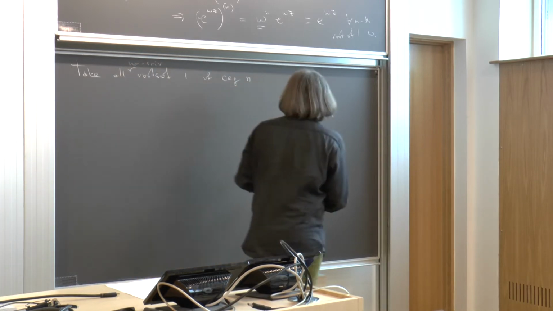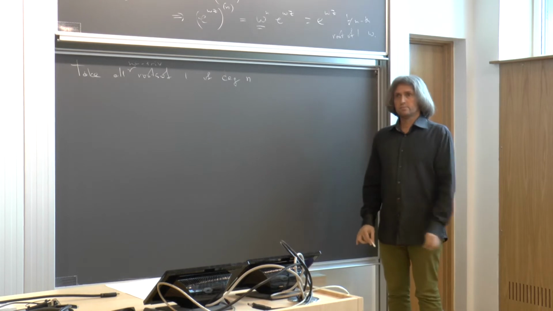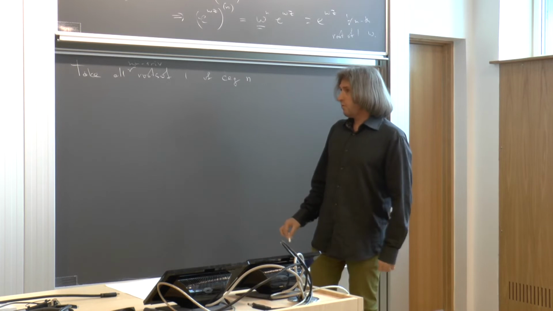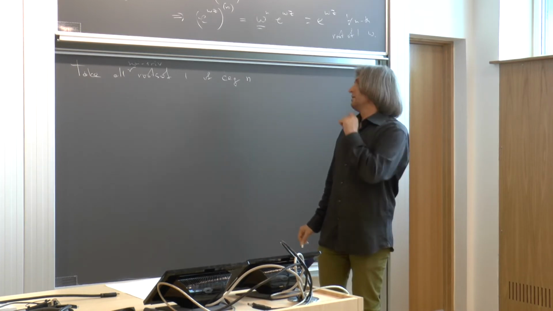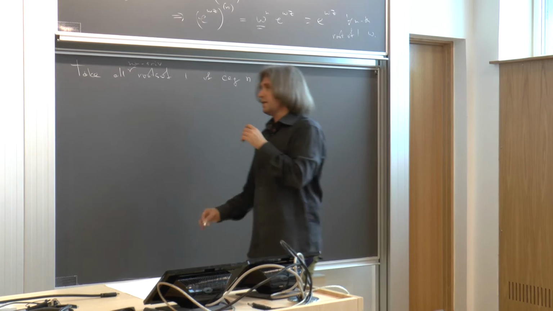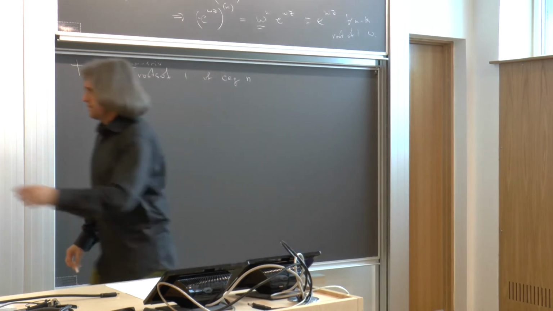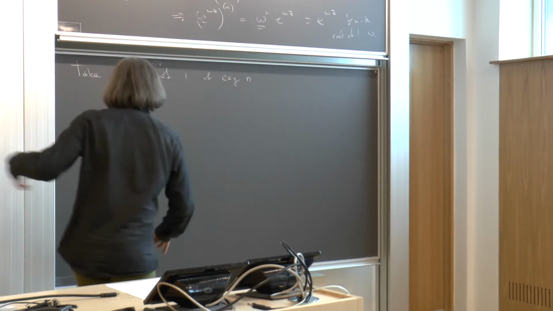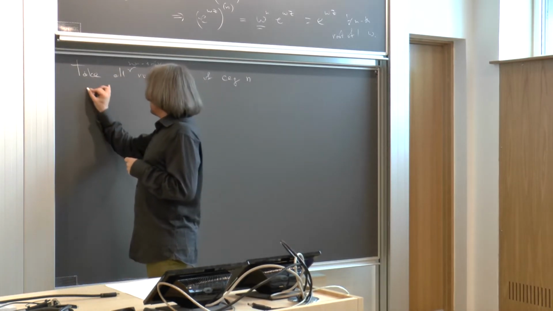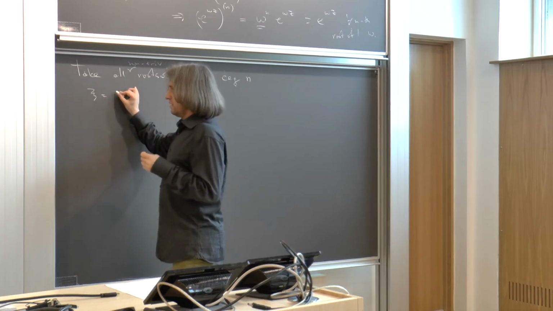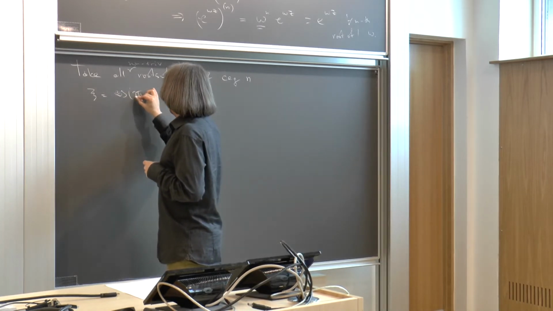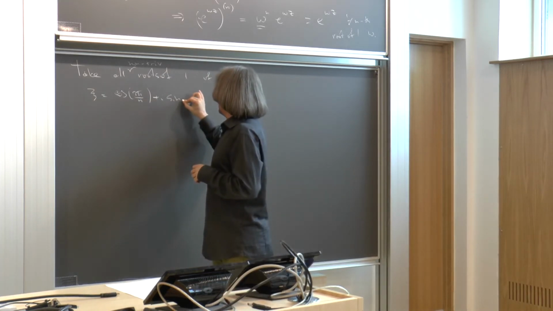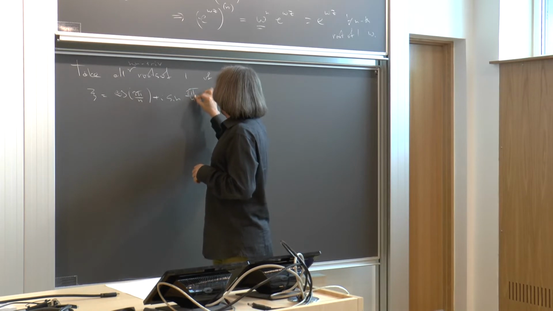So we're not counting 1. So we know what they are. So you take a primitive root of 1, so the generator, and then you apply. So psi is cosine 2 pi over n plus i sine 2 pi over n.